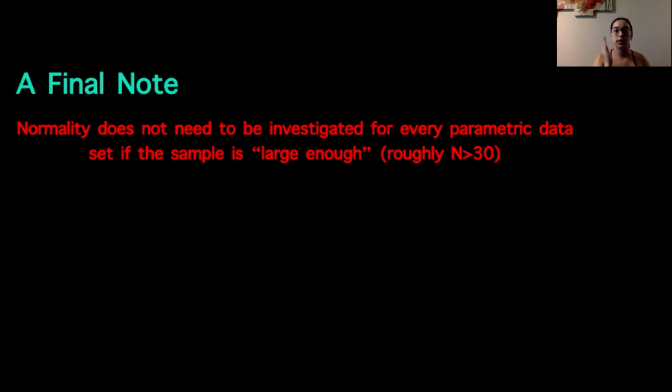So if your sample is large enough, you usually can assume that your data will be normally distributed. If you have a sample less than 30, you usually would want to run normality tests just to make sure that your sample is normally distributed.